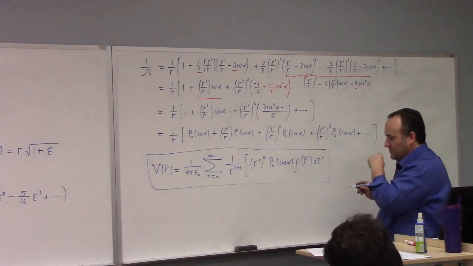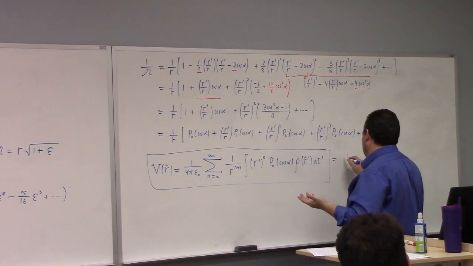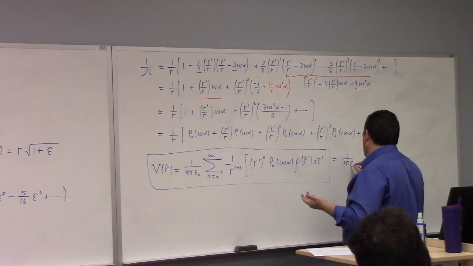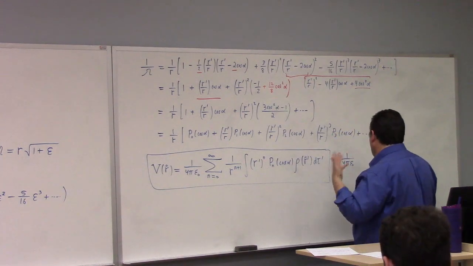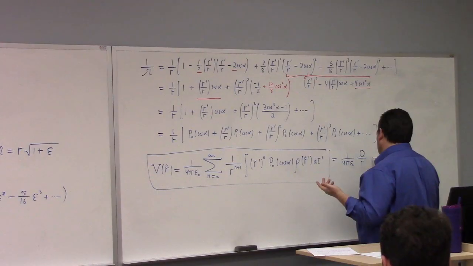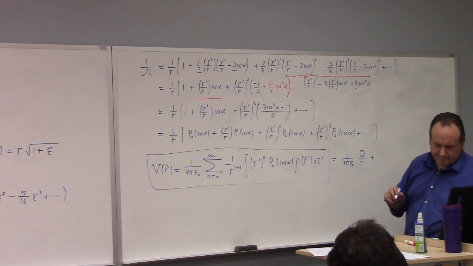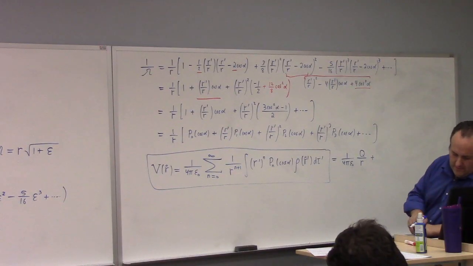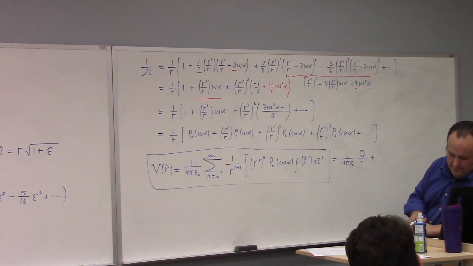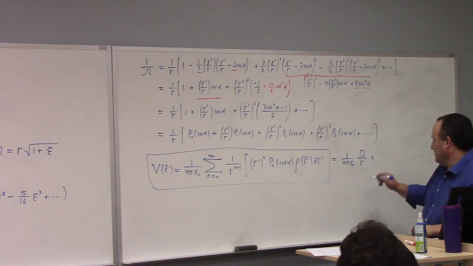If you write this out more explicitly, what you start with is 1 over 4 pi epsilon naught, q over r, and then plus stuff.